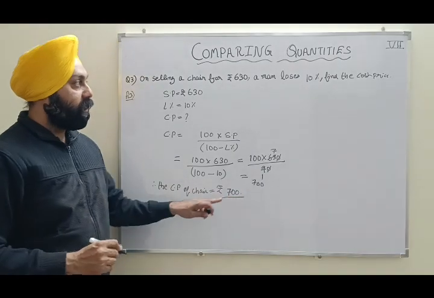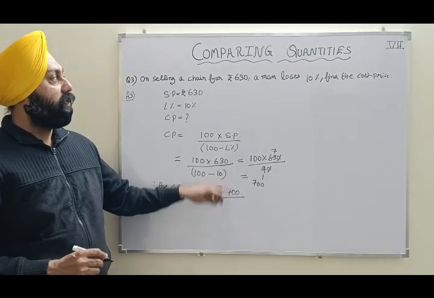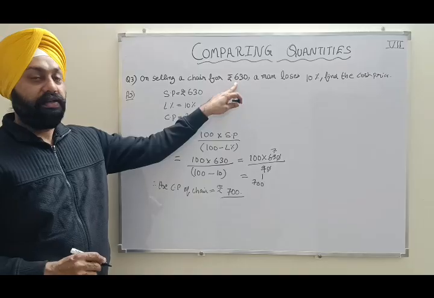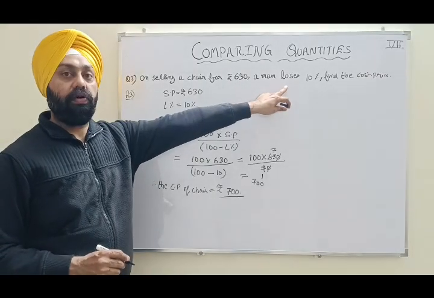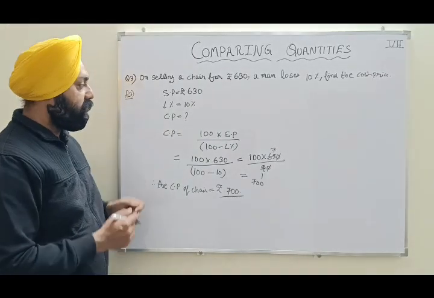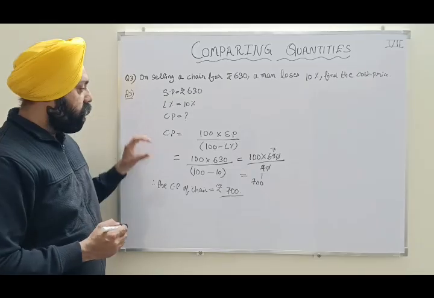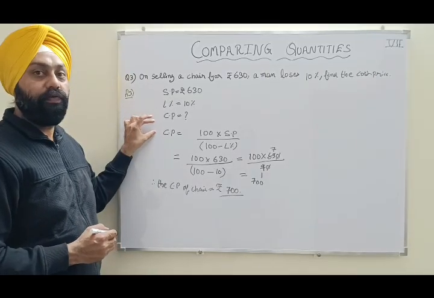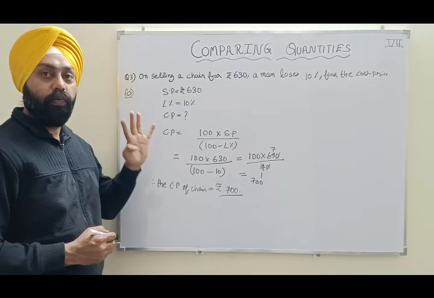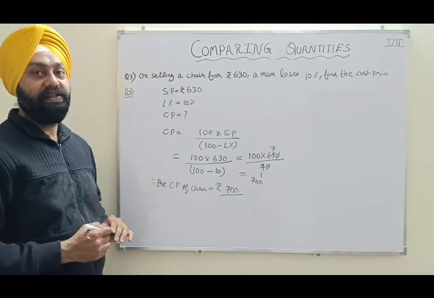You can see that cost price is bigger than selling price. That is why the person has incurred a loss. So the main crux in this question was this formula. If you have learned 4 formulas, you will be able to attempt each and every question.